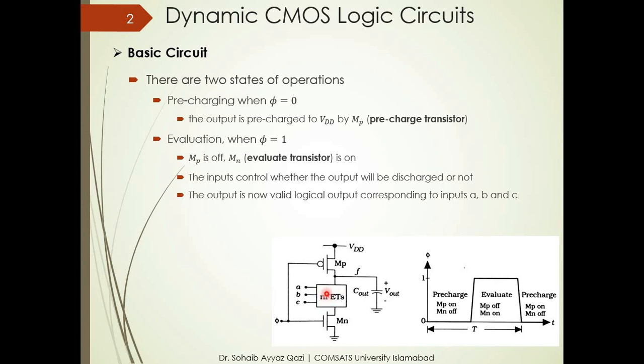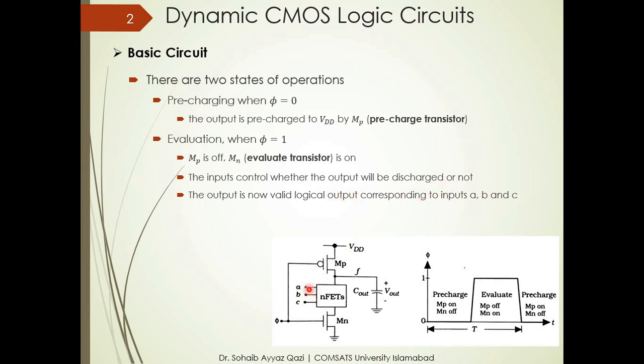So हम ये कह सकते हैं कि हमारा जो कैपेसिटर है वो डिस्चार्ज हो सकता है through this NFET because this path is clear. लेकिन जो इशू है वो ये है कि this discharging depends on our inputs like the A, B and C inputs. So our inputs control whether the output will be discharged or not.